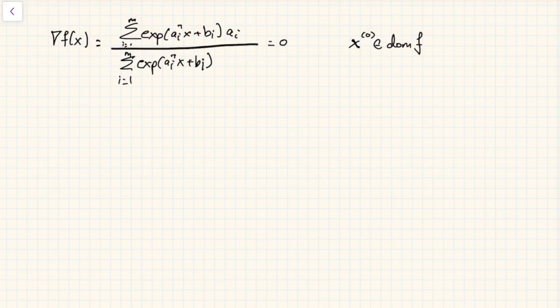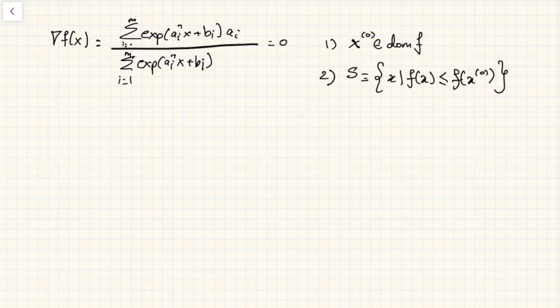But second, and most importantly, the sublevel set S, which we talked about in previous chapters but will define again, is all x's such that f(x) is less than or equal to f(x0). So everything below the value of the initial point. This set should be closed to ensure convergence of the iterative methods. We need these two assumptions.